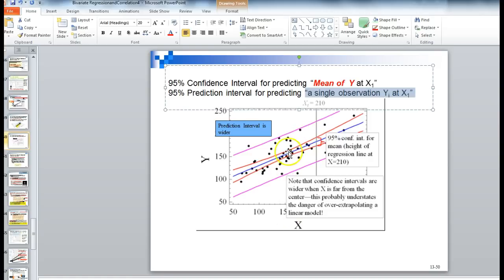If this is X bar, that's where my narrowest prediction interval and confidence interval is. As we get further and further away from the sample center, these really spread out quite a bit. So the confidence interval is for the average of the group. Prediction is for a single individual.